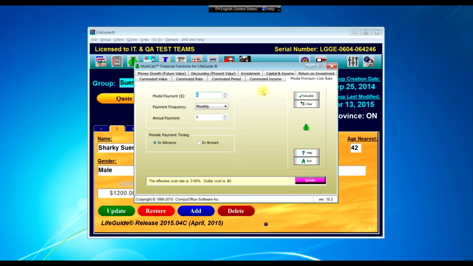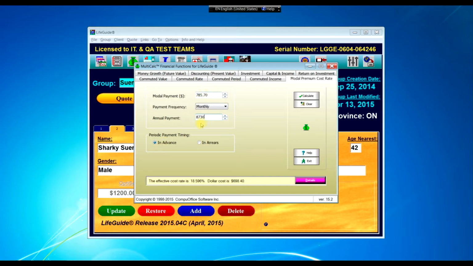So we'll put in the modal payment, the monthly payment of $785.70, and we'll leave that on monthly, and we'll put in the annual premium, which would have been $8,730. And now premiums for insurance are normally paid in advance, so we'll leave that in advance.